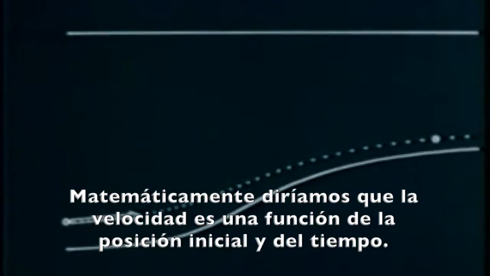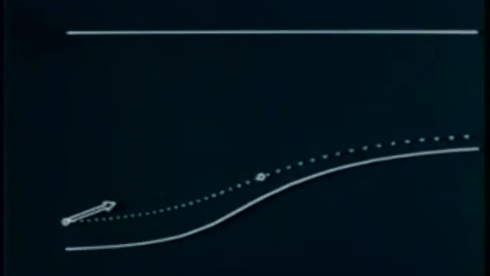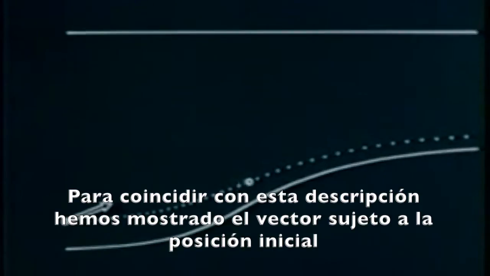Mathematically, we would say that the velocity is a function of initial position and time. To accord with this description, we have shown the vector attached to the initial position.